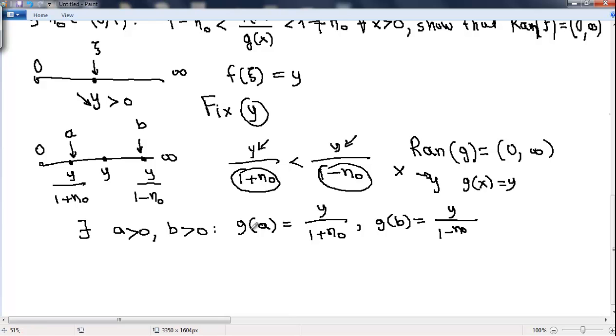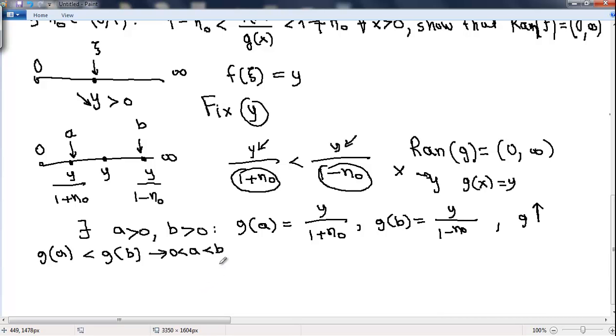Now, what's the relation between a and b? Because g is increasing and g of a is less than g of b, I must have a less than b. Actually 0 less than a less than b.